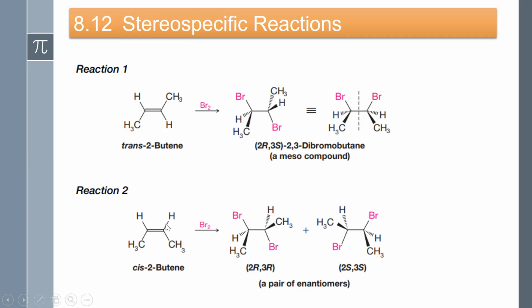And once you add your bromine, it should be anti, so it will be added at the back. Once it adds, the other bromine will attack from the bottom of the plane, because your bromine is here. Because of that, you get this one.